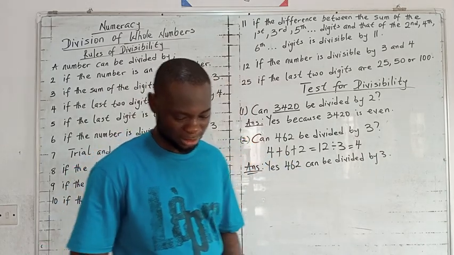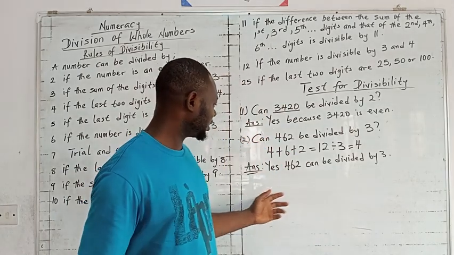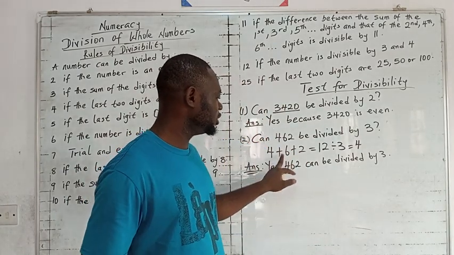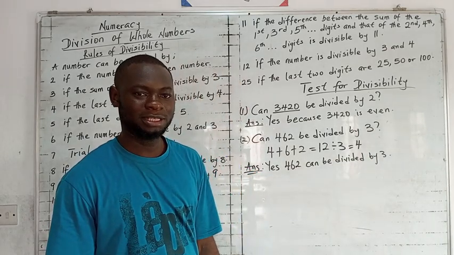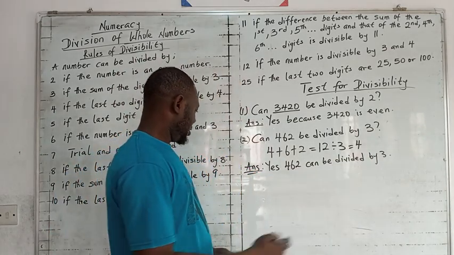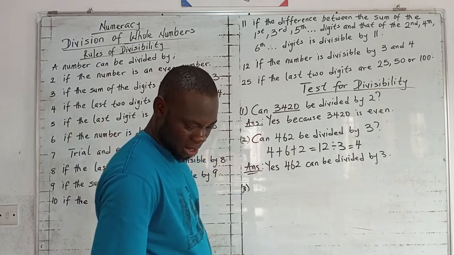Are you seeing it? So it can be divided by 3 because the sum of the digits is divisible by 3. Are you seeing it? Okay. Let's look at this.